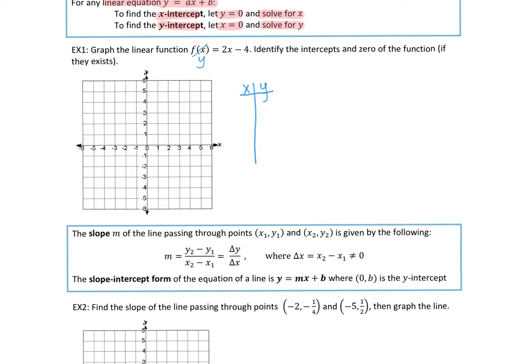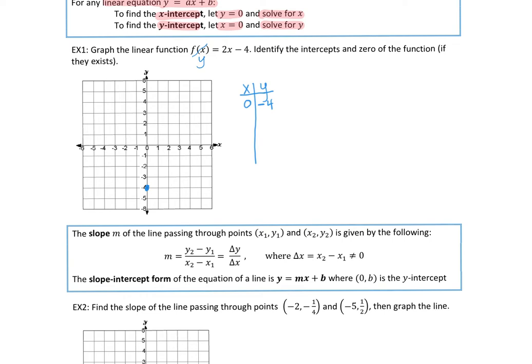Since the x and the y intercepts are the most important points, and they're actually the easiest points to find because at least one, maybe 2 of the values will be 0, it's simpler for me to just find the x and y intercepts by first plugging in 0 for x, solving to get negative 4 for y, and then when I graph 0 comma negative 4, I can see that that's on the y-axis, and this is my y-intercept.